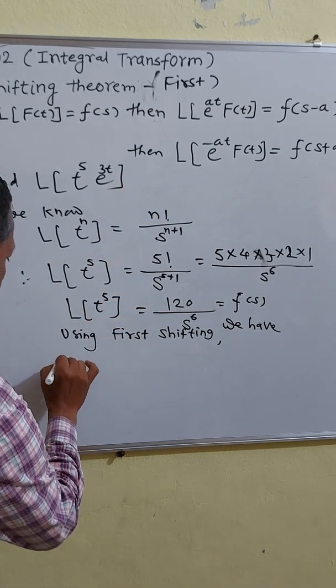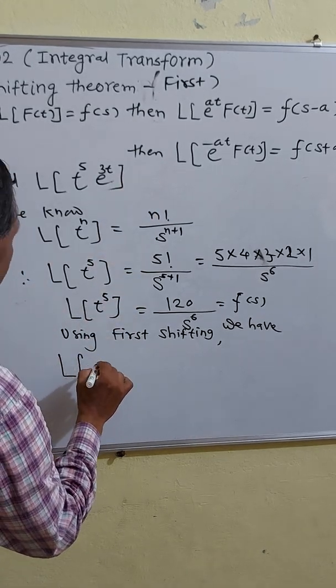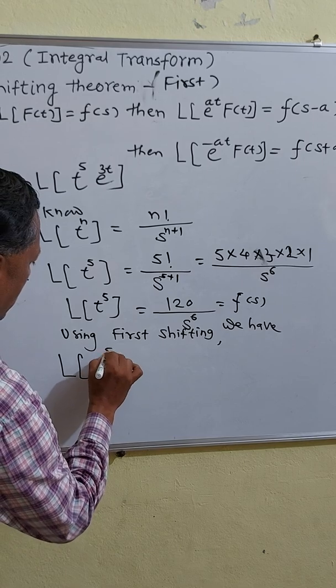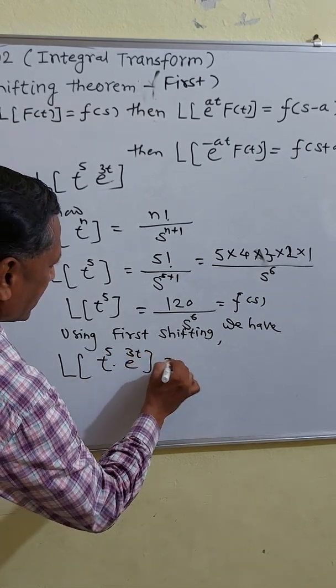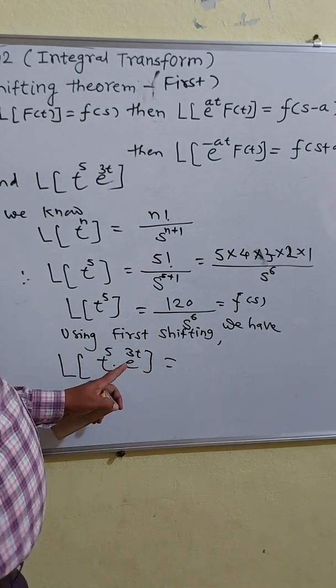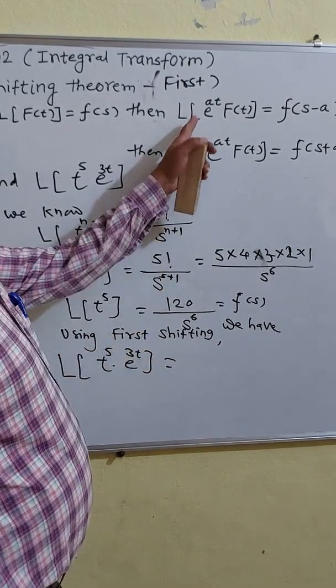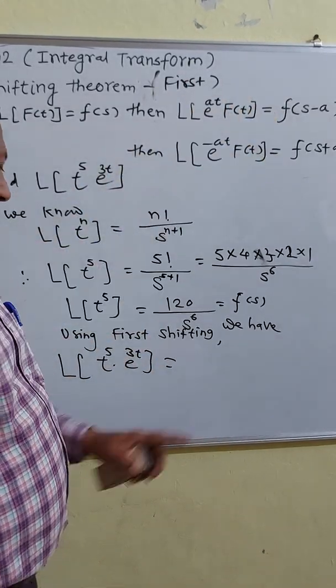Laplace transform of t raised to 5 into e raised to 3t is equal to, here e raised to at, f of s minus a.